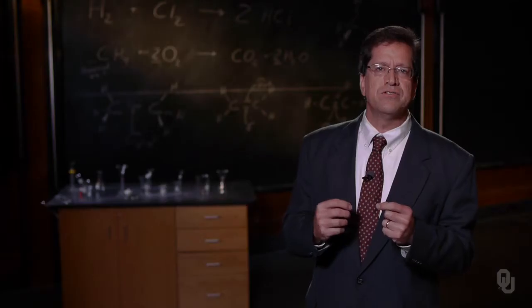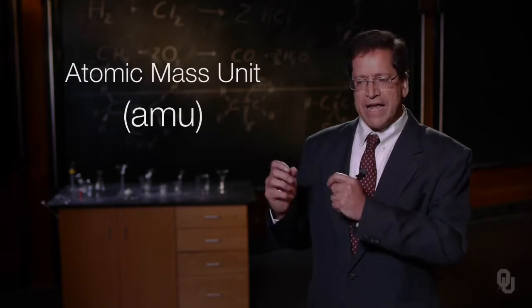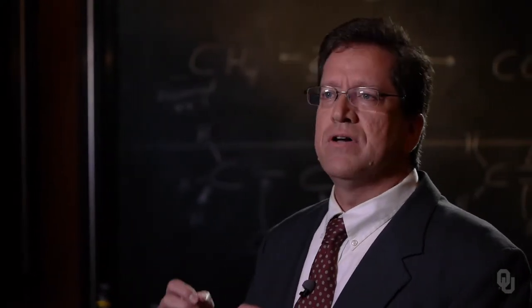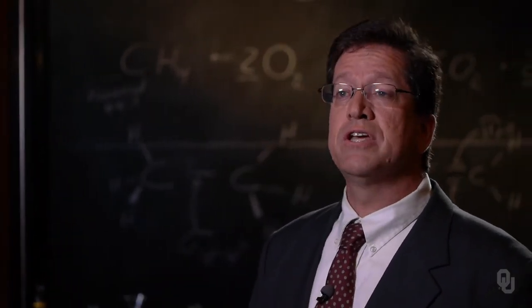Now, why this is so is one of the important things you're going to be learning as you study this unit. But to get you started in thinking about this, we're going to introduce another concept, and that concept is the atomic mass unit. Now, by international agreement, a carbon-12 atom has an atomic mass of 12 atomic mass units. A carbon-12 atom is a particular type of carbon.